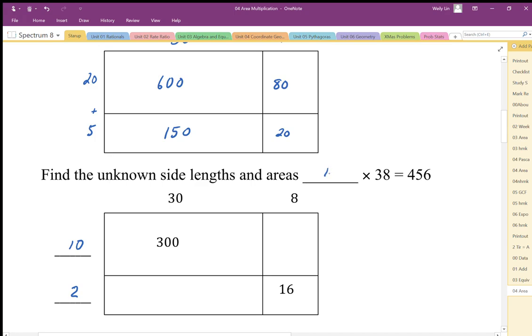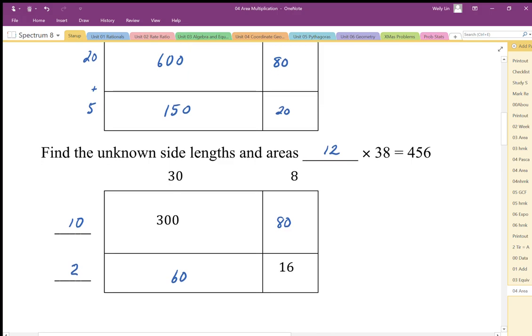So that must be 12 times 38, and when we work this out, okay, we get 80 here, 60 here, and just double check our calculation. Yeah, this should work out. 300 plus 80 plus 60 is 440, plus 16 is 456. So there's our area that we've conserved.